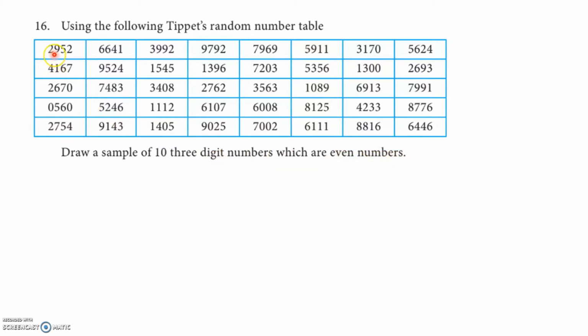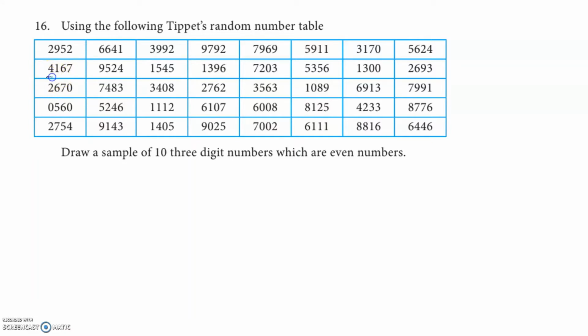So what we can do is we take the first 3 digits from the first number, eliminate the last number. So 295 you would take. Now 295 is not an even number, it's an odd number. So we skip this. So we go to the next one. 416. 416 is an even number. So we choose it.